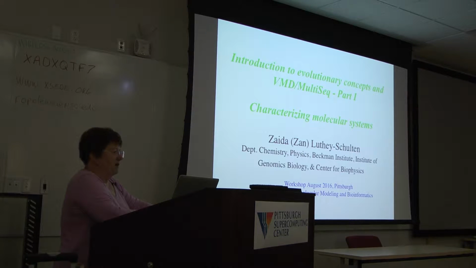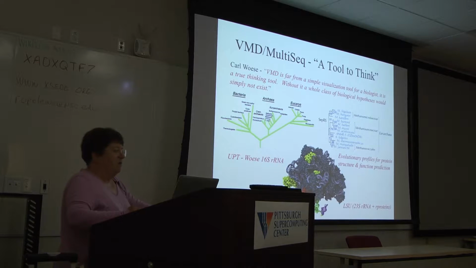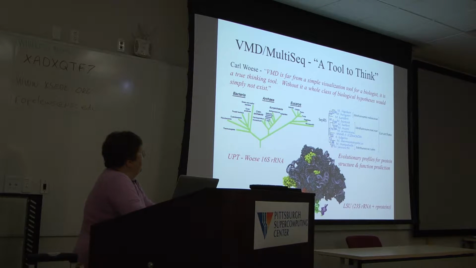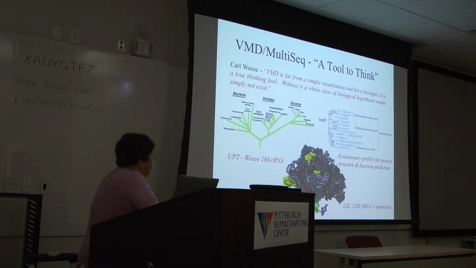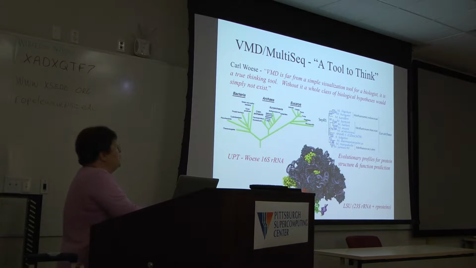Can you put that in there? And we did, and he was so happy with it, he called VMD MultiSeq a tool to think. That's a direct quote from him: it is far from a simple visualization tool for biologists. It's a true thinking tool, and without it, a whole class of biological hypotheses simply would not exist.